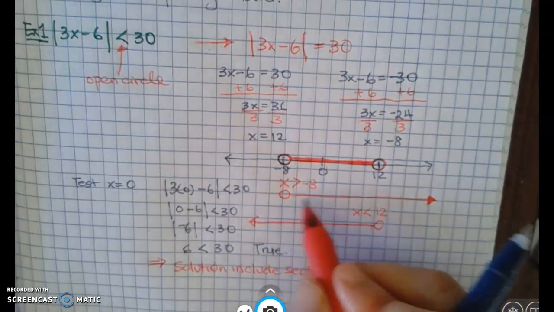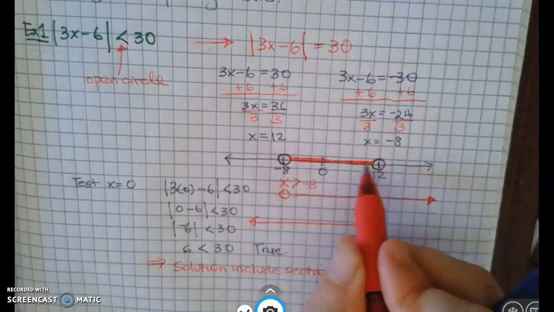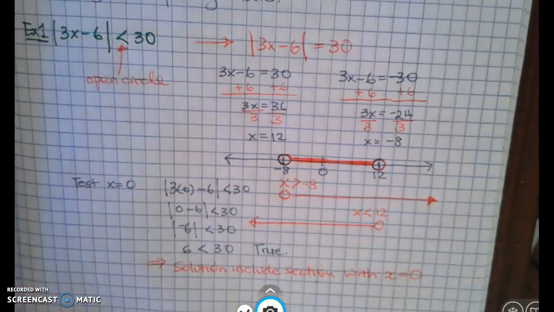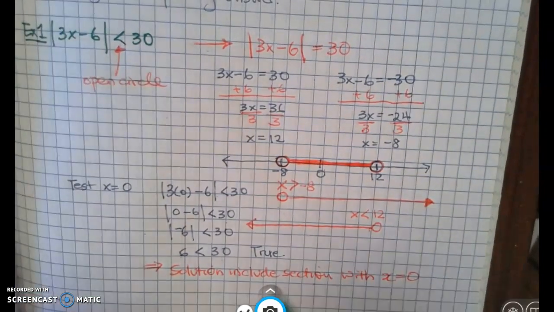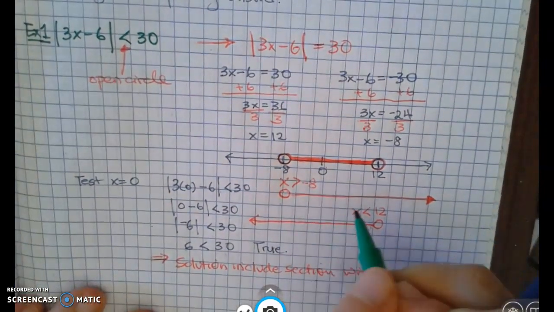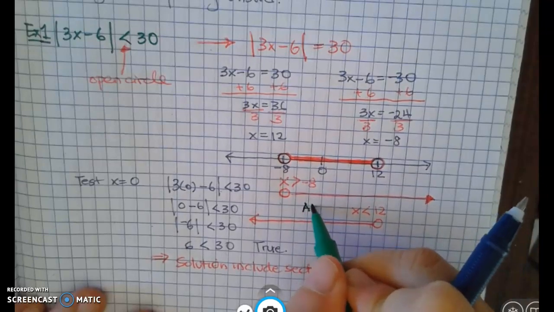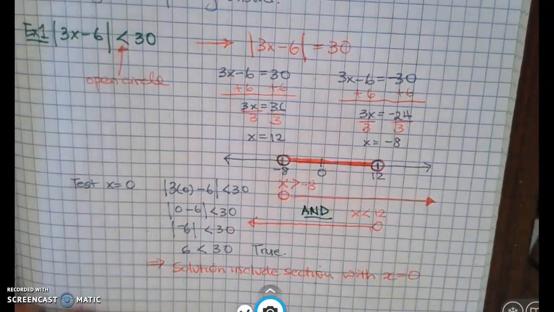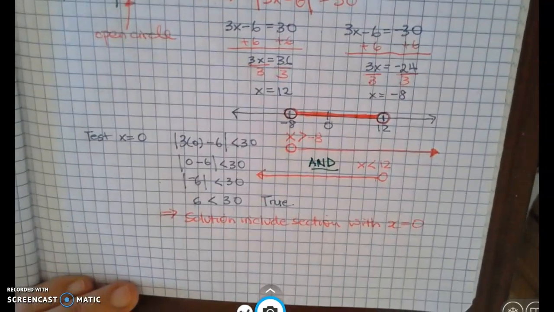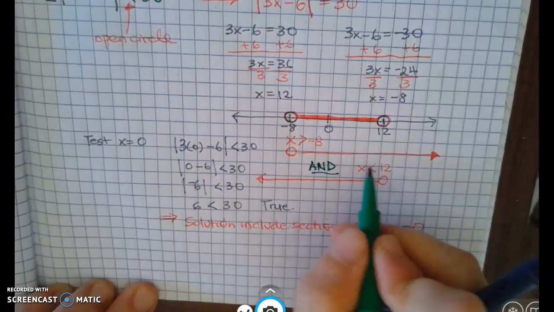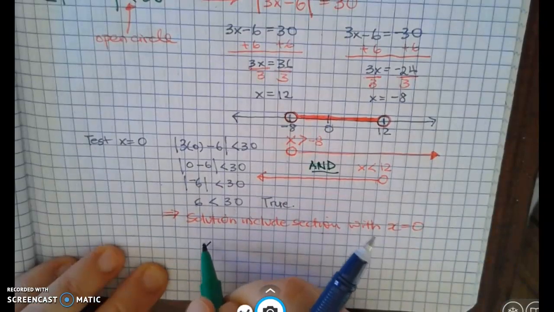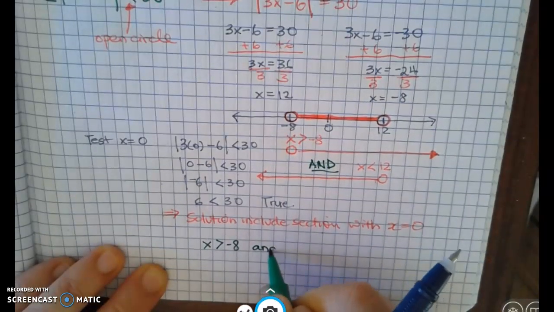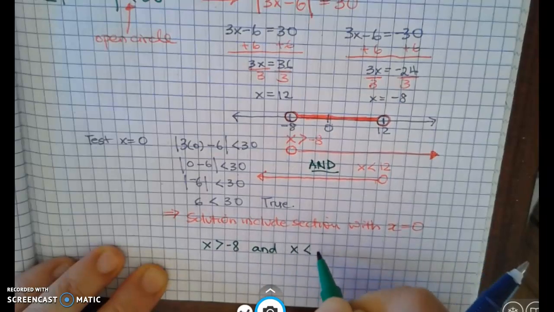So we are looking at the section that is overlapping. So we say that the condition is an AND condition. Because we are looking at overlapping conditions, so it's AND. So to write this as a solution, x is greater than negative 8 and x is less than 12.